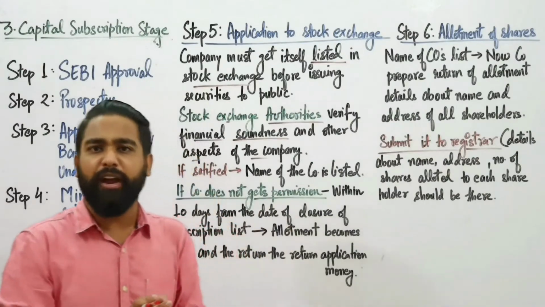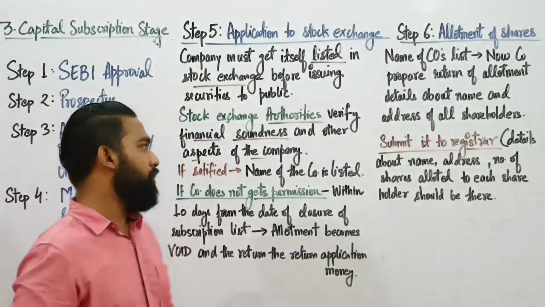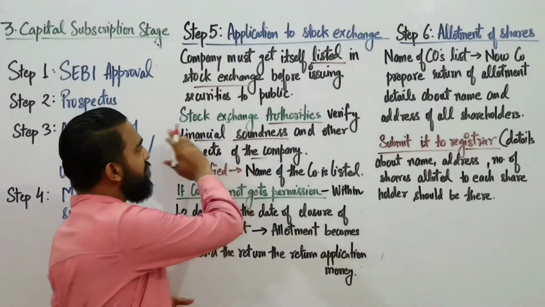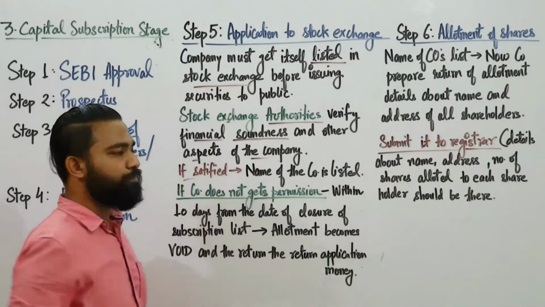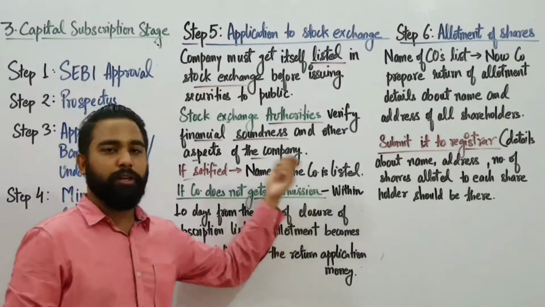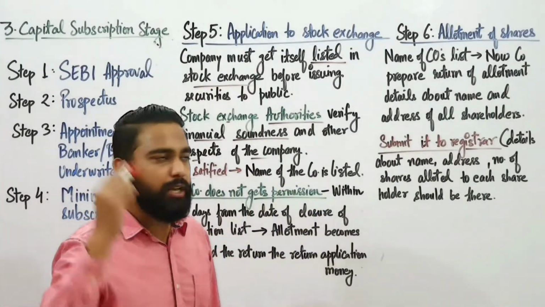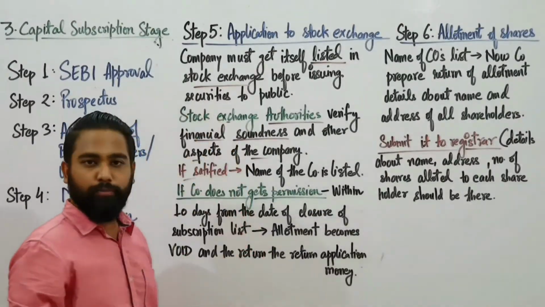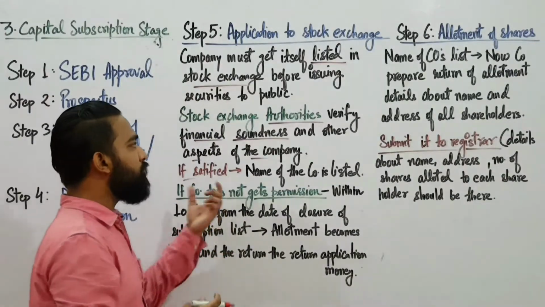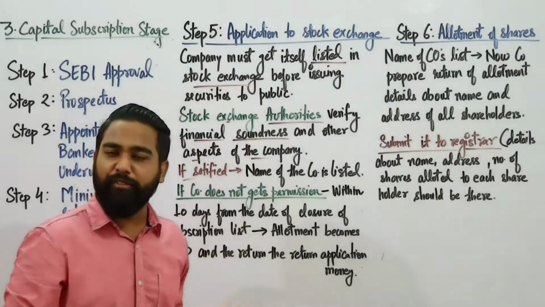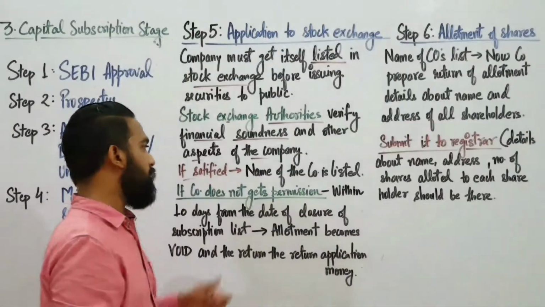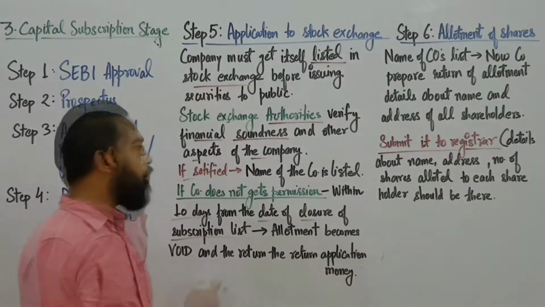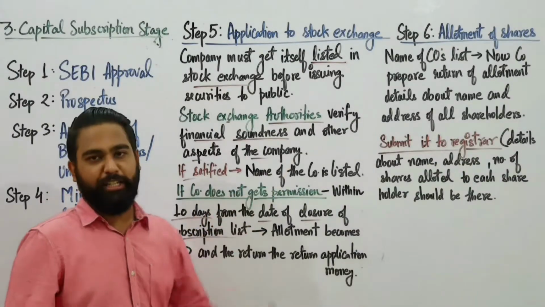They check it, they verify whether they are telling the truth or not. And if these stock exchange authorities are satisfied, then the name of the company is listed in the stock exchange. That's simple. Now what if the company does not get the permission?